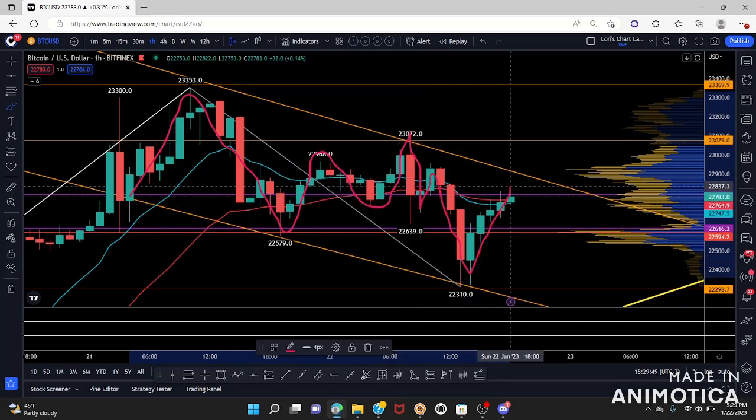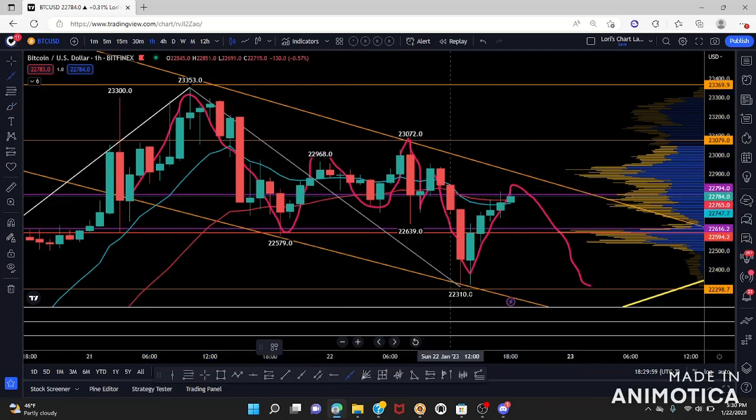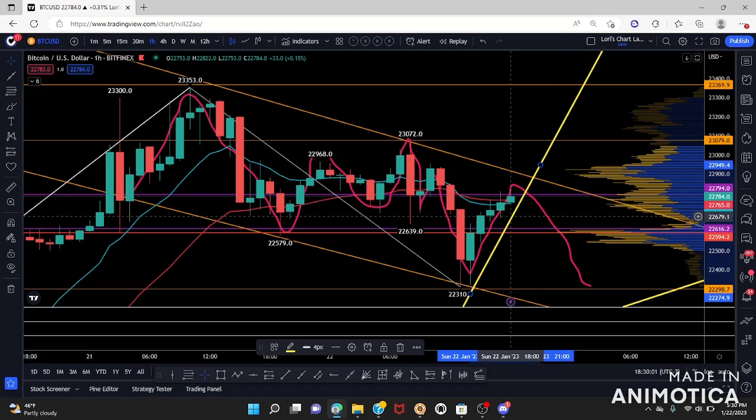So this could be just a lower high, and it's going to come back down to the downside. Set your alarms here. You could also set a trend line here. Once it starts rolling over to the downside, you could take a nice short from this end.